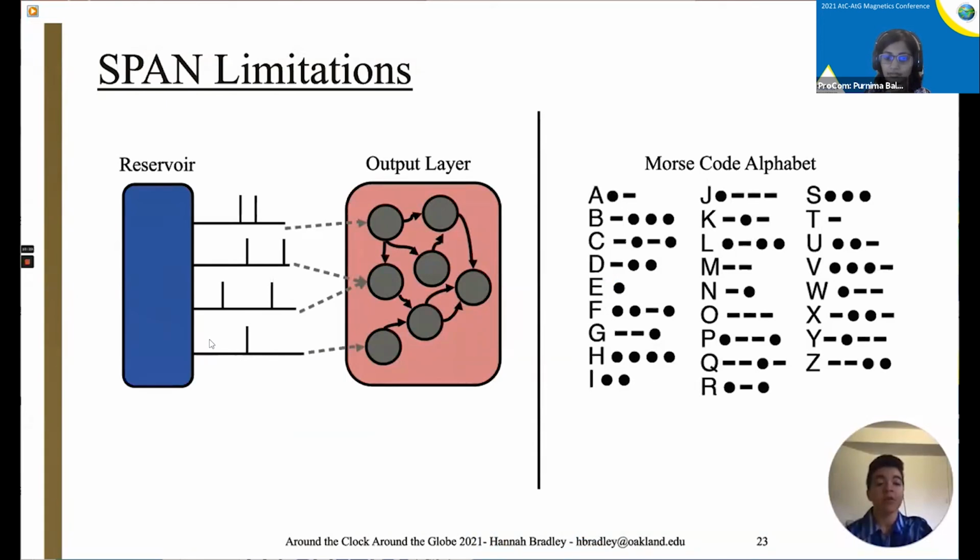This output layer would be able to further filter more complex inputs while still keeping the need for variable weights to a minimum. We are currently working on this concept for the use of encoding more complex inputs like Morse code, where the alphabet is made up of multiple dots and dashes to be encoded into spike trains.